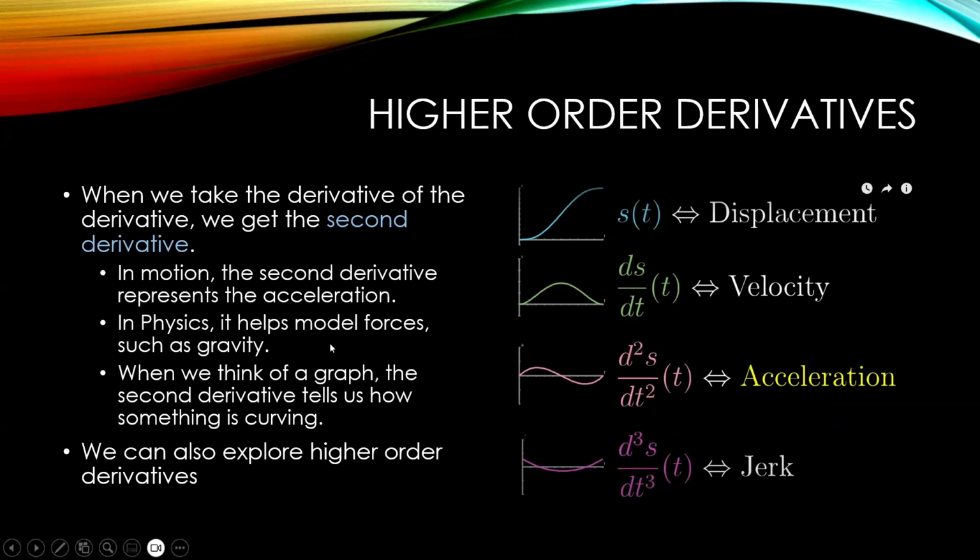In physics, it helps model forces, such as gravity. Force is often defined as mass times acceleration. And acceleration is just this second derivative, the derivative of the derivative. If instead we're thinking of a graph, the second derivative will tell you how something is curving. Is it curving in an upward direction or curving in a downward direction?